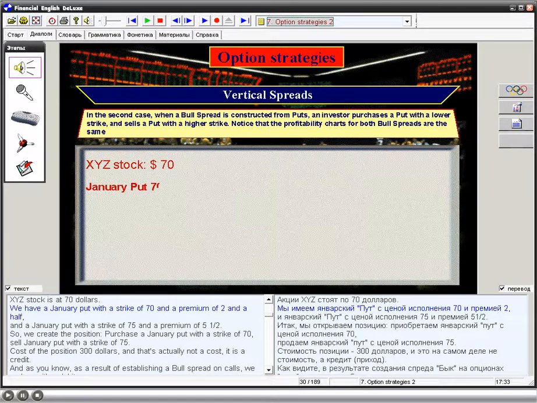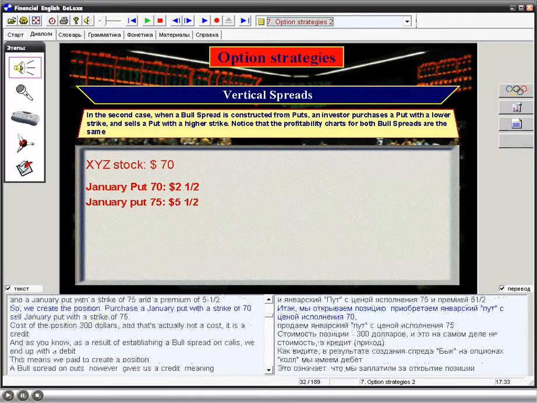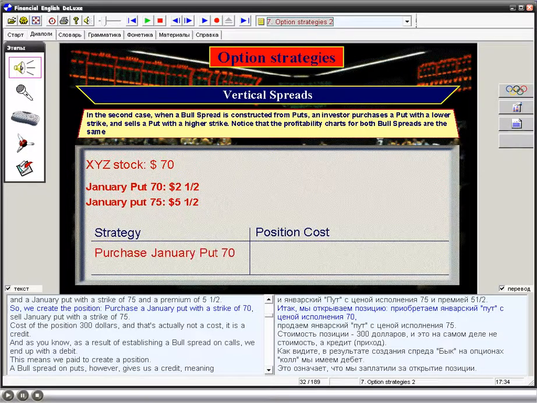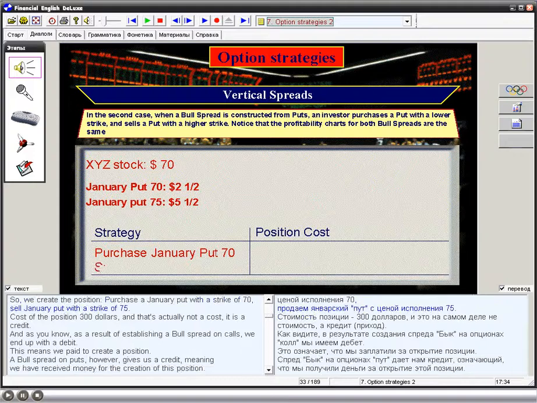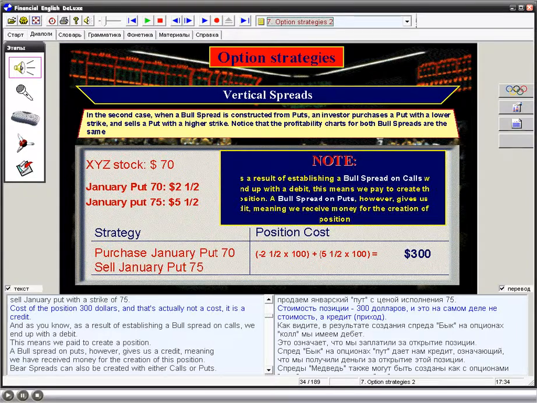We have a January put with a strike of 70 and a premium of 2.5, and a January put with a strike of 75 and a premium of 5.5. So we create the position: purchase a January put with a strike of 70, sell a January put with a strike of 75. Cost of the position, $300. And that's actually not a cost, it's a credit.